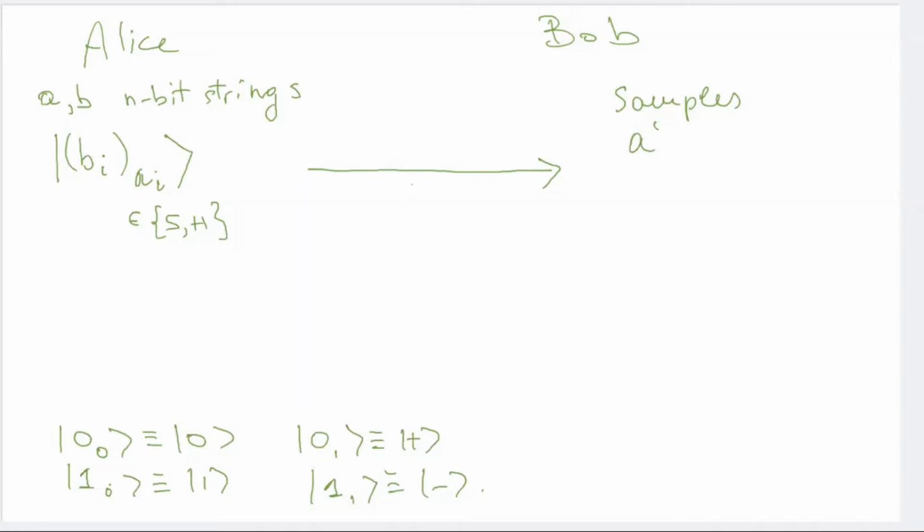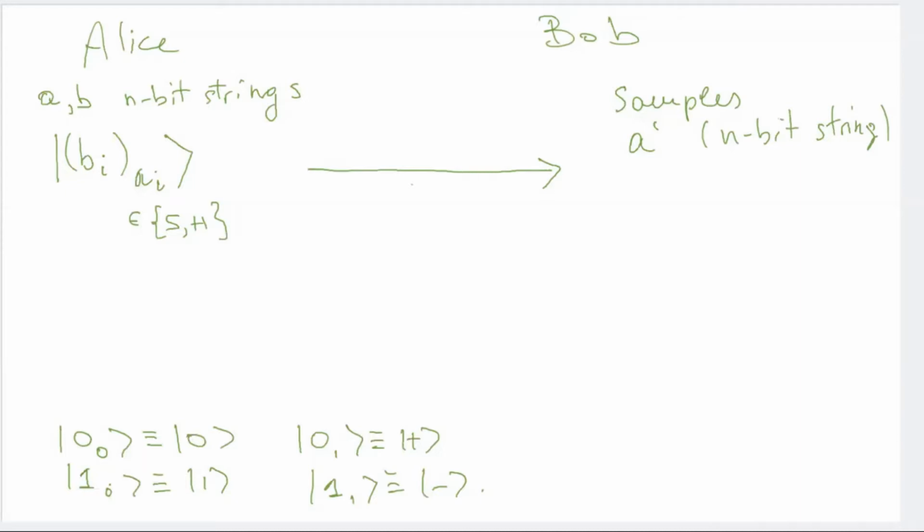This is also an n-bit string, and you should interpret it as a choice of basis. A prime has n bits. If the ith bit is 0, the ith qubit is measured in the standard basis. If the ith bit is 1, it's the Hadamard basis.